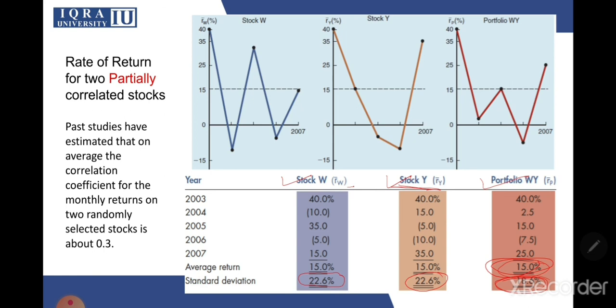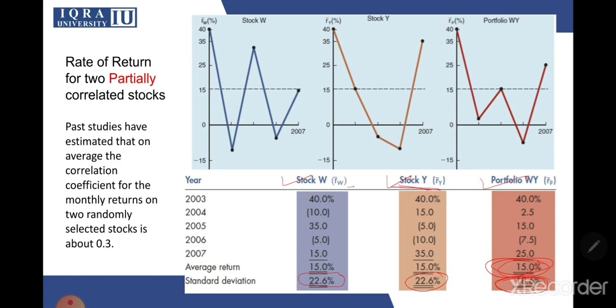Return is calculated as a weighted average of each portfolio. Once you're calculating the portfolio's return, it is simply the weighted average of the expected return on its individual stocks. However, the portfolio's risk cannot be the weighted average of the individual stock standard deviations.